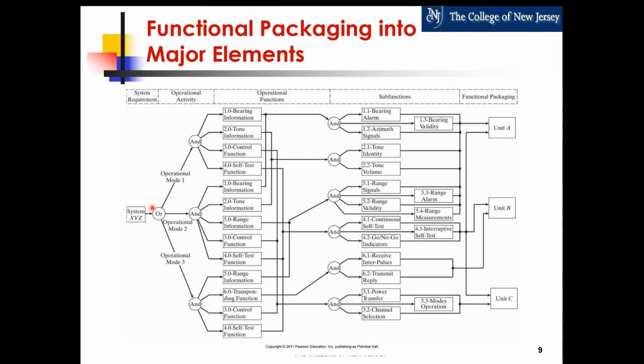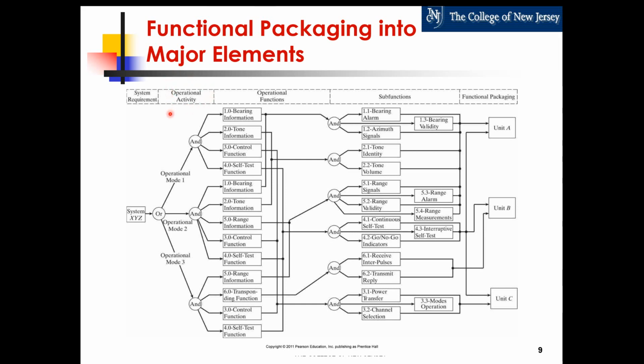So let's say that you have a system X, Y, Z, and you start by trying to understand from the system requirements what the operational activity of the system is.